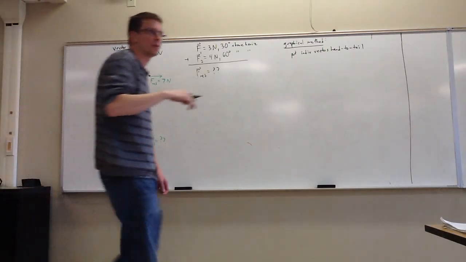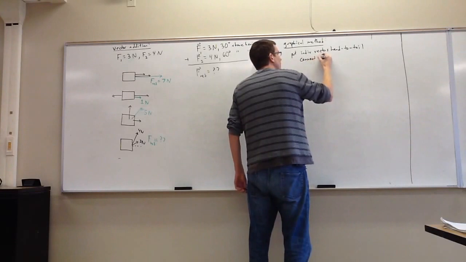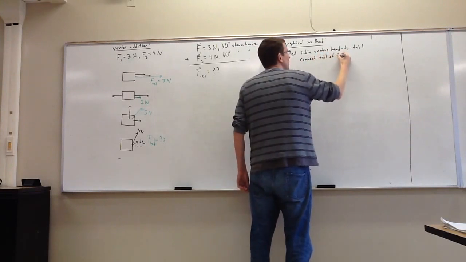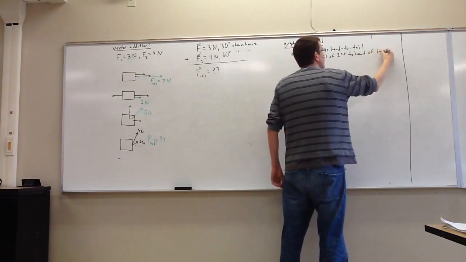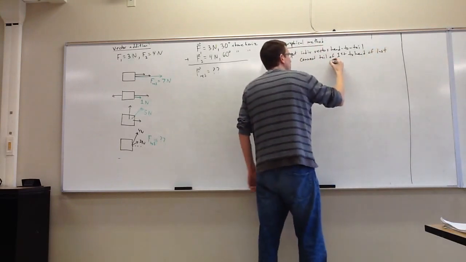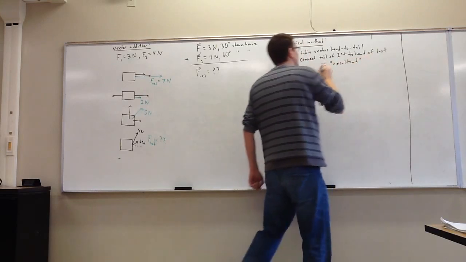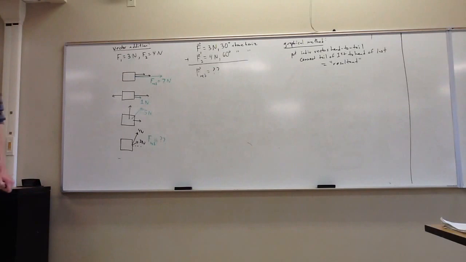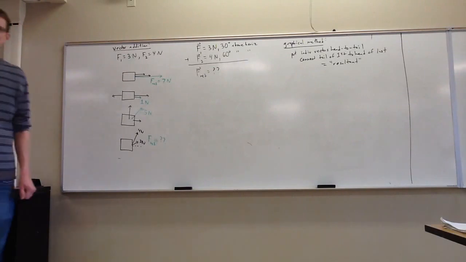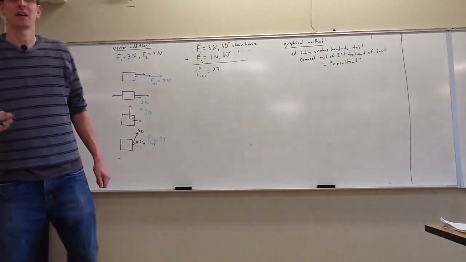I put the individual vectors head to tail, and then I'm going to connect the tail of the first to the head of the last, and that's going to be what I'll call the resultant. The resultant because it's the result of my sum. In my case, I'm adding individual forces, and my resultant is my net force.